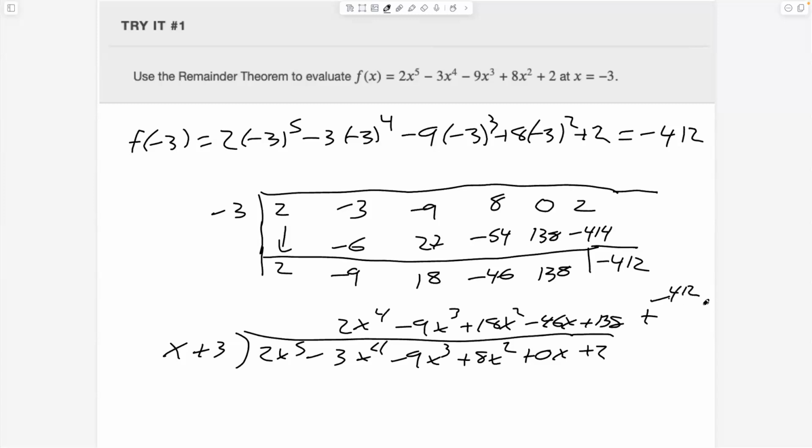And remember, in general, when you write out your remainder, you write it back over your divisor. That's also the same thing we get when we plug -3 into the function.